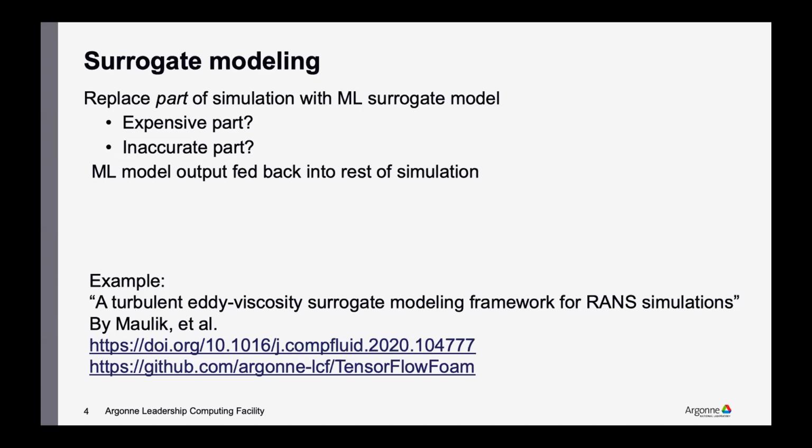Romit, do you want to comment anything else before I go on? No, that sounds good. So just to remark, the reason we are showing you this and why we are working in this area is basically motivated by physics-informed machine learning.